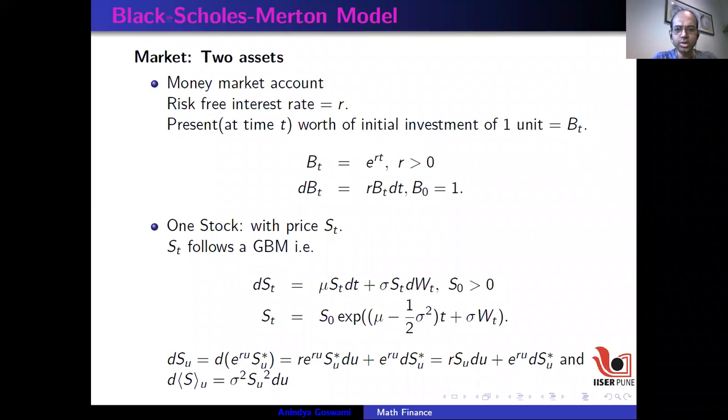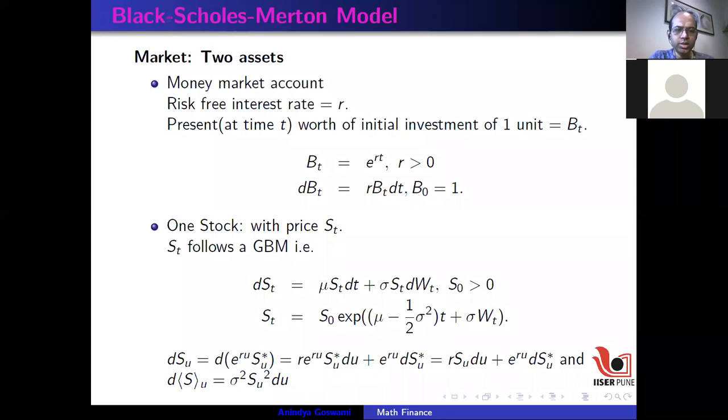That is S_t is equal to S_0 times e to the power of (mu minus half sigma squared) t plus sigma W_t. Now from this we would derive one single relation, which would be used in a later slide. So look at this dS_u.